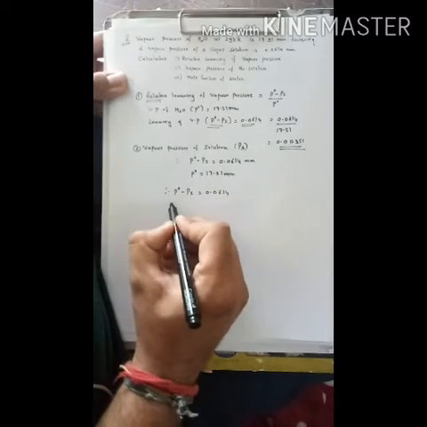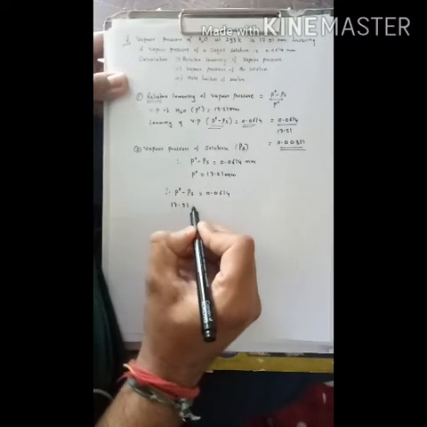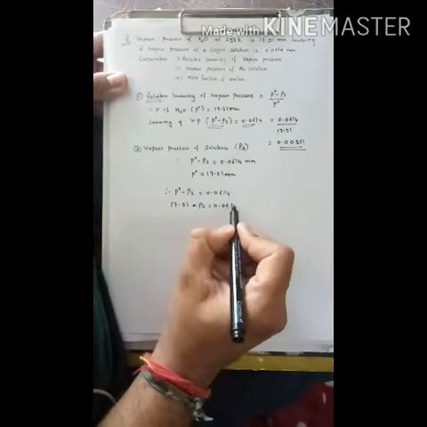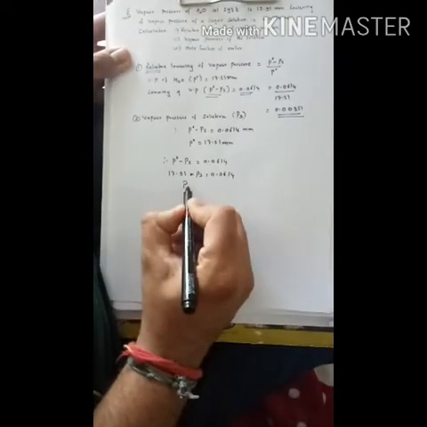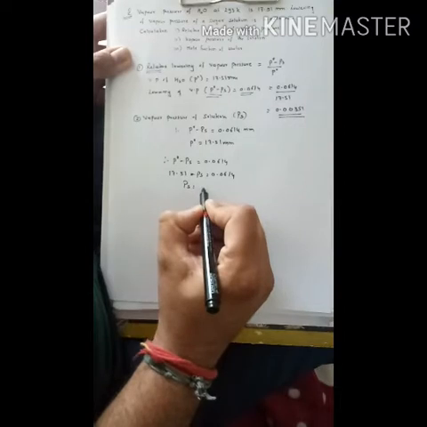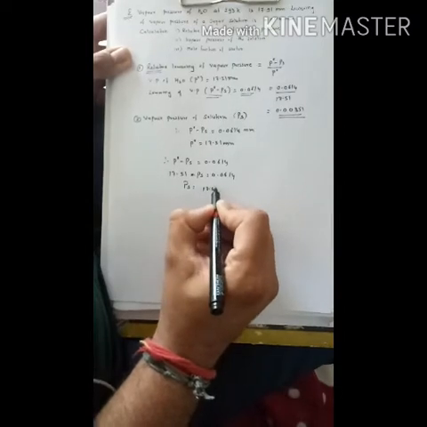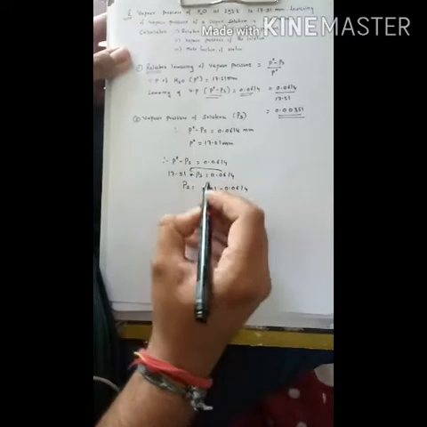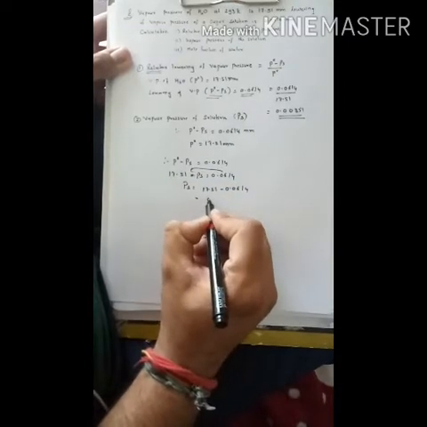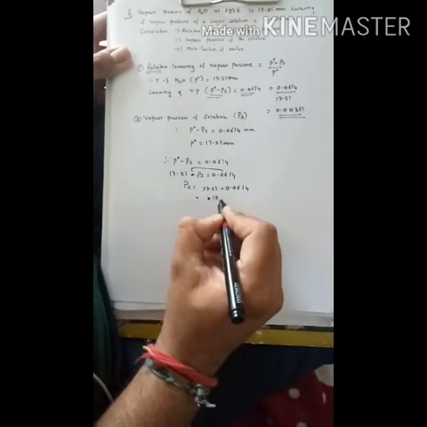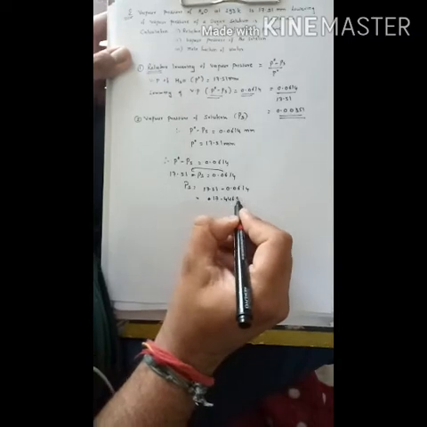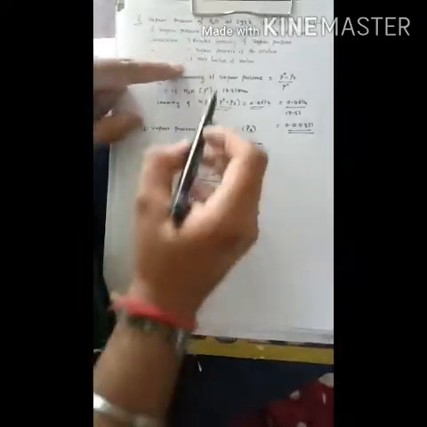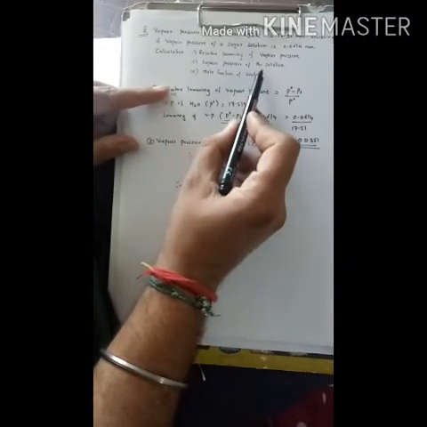P naught is 17.51 minus Ps equals 0.0614. So Ps equals 17.51 minus 0.0614, and you get the answer as 17.4468 mm. This is how we find the vapor pressure of the solution.